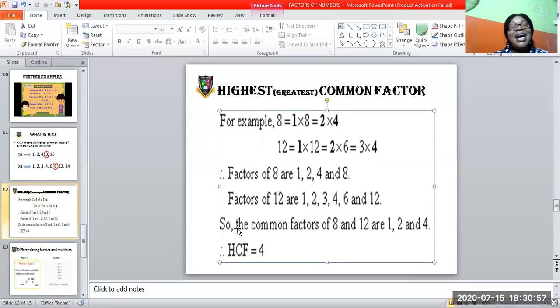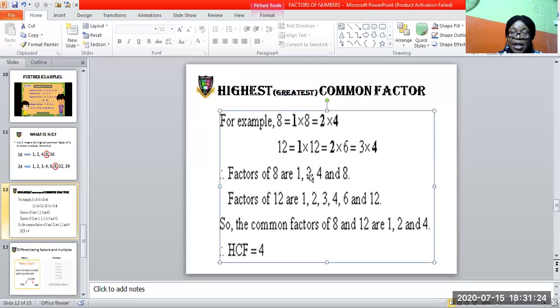What is the greatest common factor? Yes, that will mean number 4. Why? Because 1 is a factor of 8, and it is also a factor of 12.